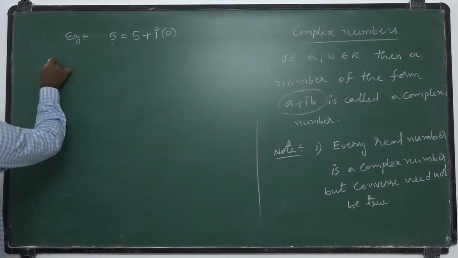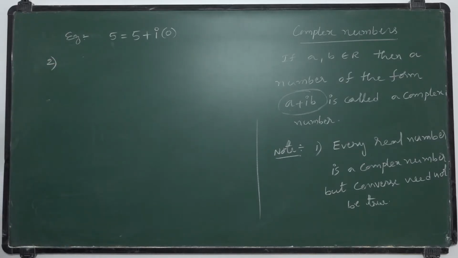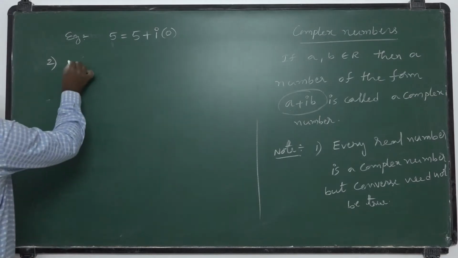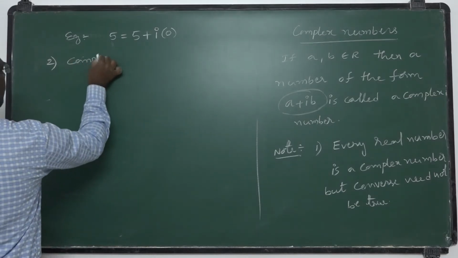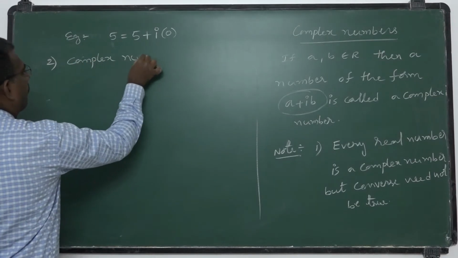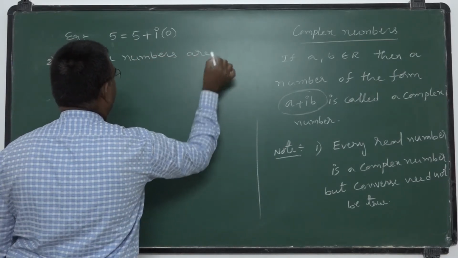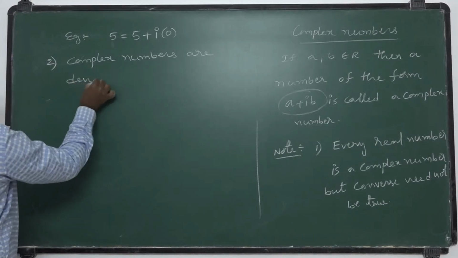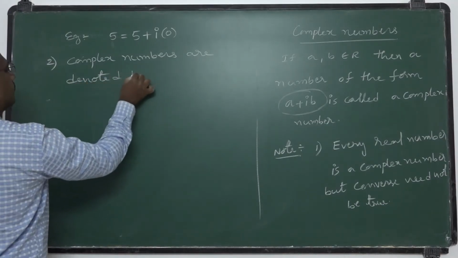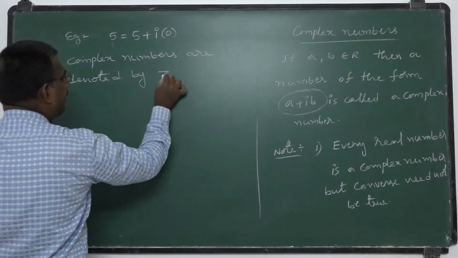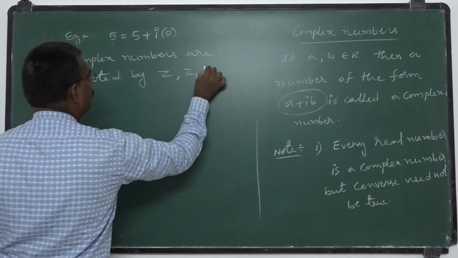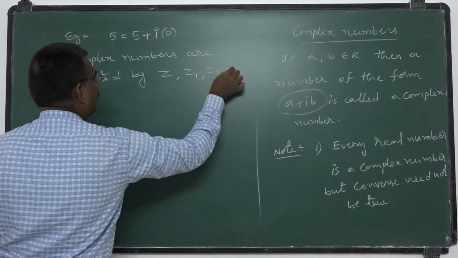Next, coming to the second point, complex numbers are denoted by Z or Z1, Z2 and so on.